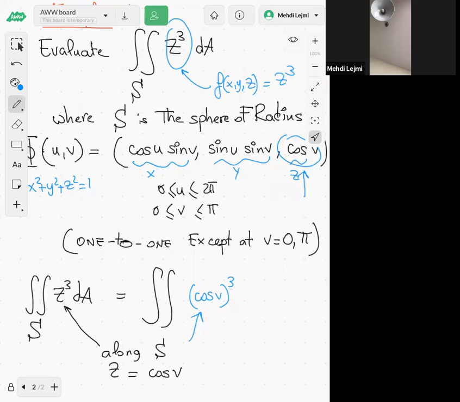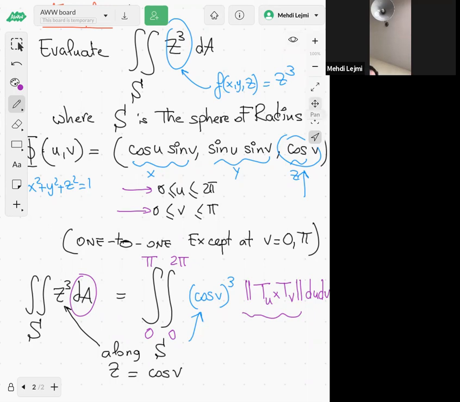Now there's this area element, which we said is equal to the norm of t_u cross t_v du dv, where u is between 0 and 2 pi, and v is between 0 and pi. All you have to do now is compute the magnitude of this cross product.